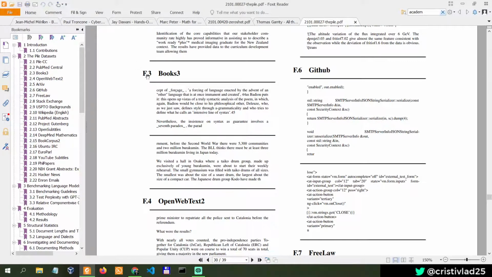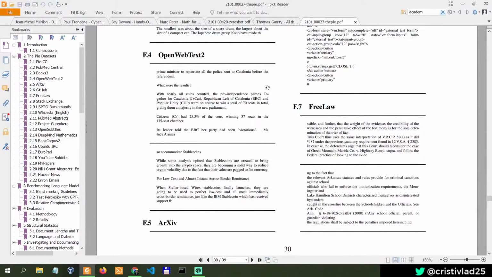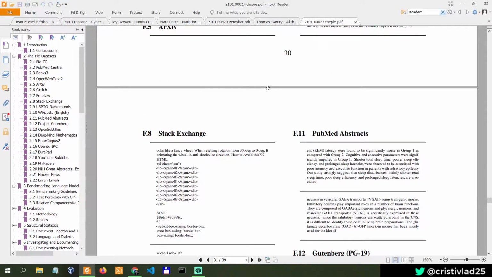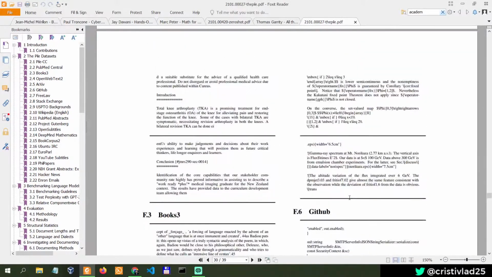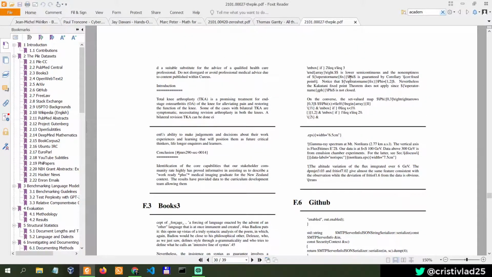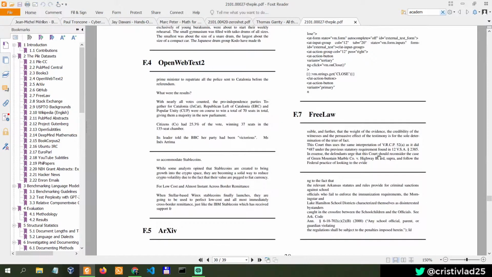Now here are some samples from each of the datasets. Like from the arXiv one, I think we have some abstracts. From GitHub we have code.